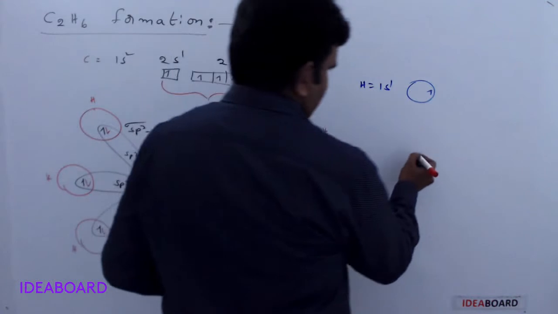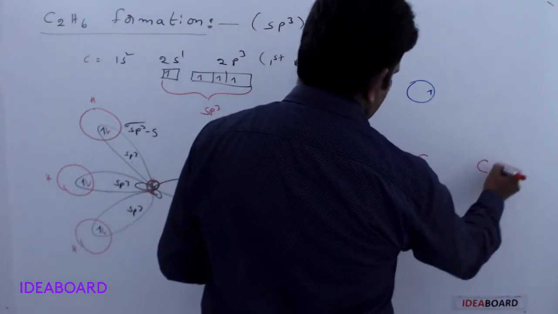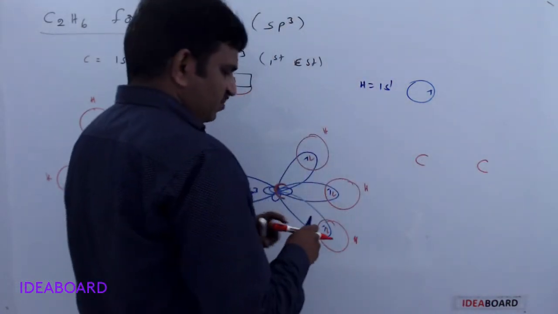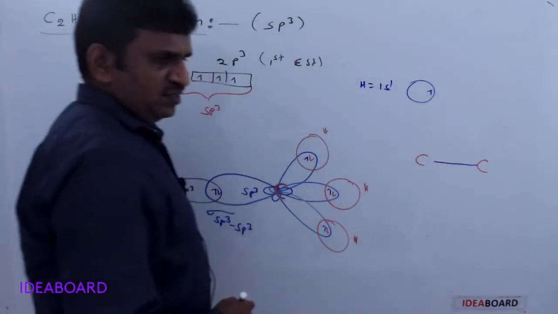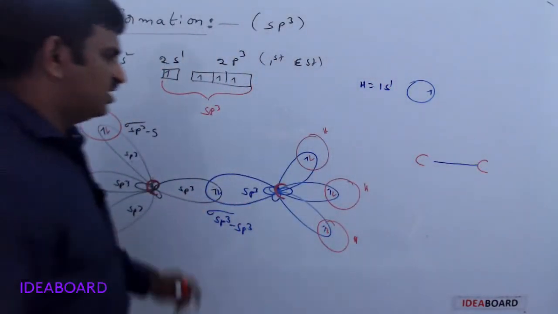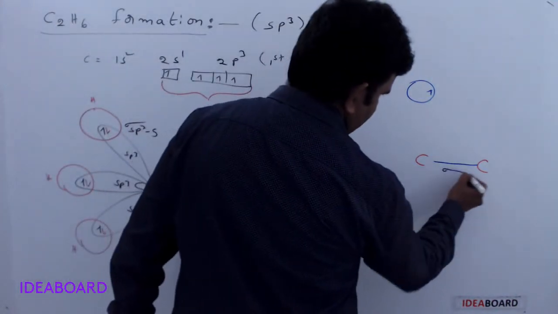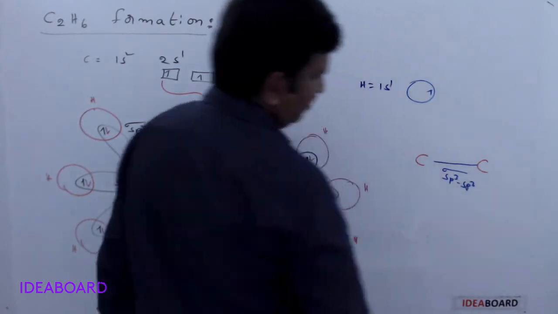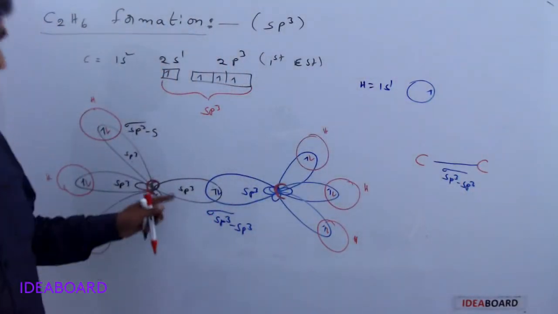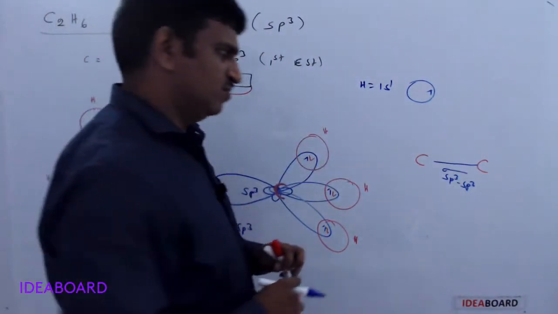Taking the carbon and carbon first, in between the carbon and carbon we are making a bond. That single bond is because of what type of orbitals? Sigma sp3-sp3. Linear overlapping, and a sigma sp3-sp3 bond is formed.